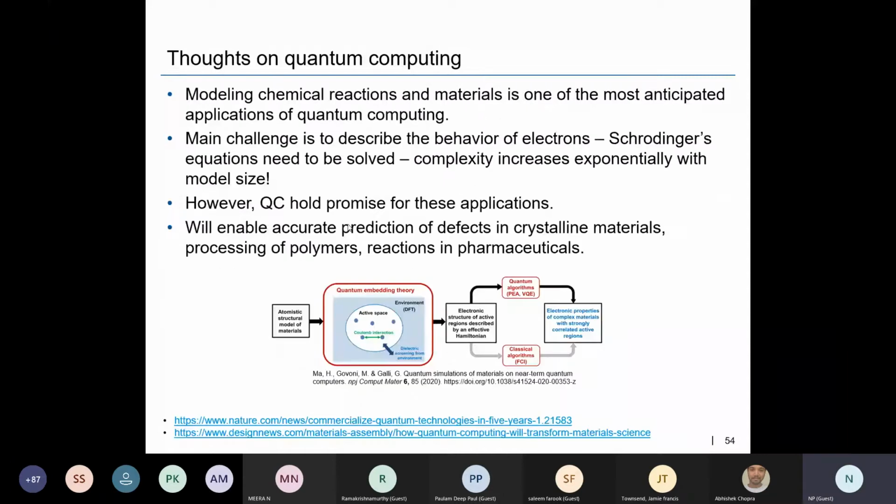The last few slides I have are just on quantum computing, but I'm sure a lot of you know much more about quantum computing than I do. But just from my reading, there are a couple of things that I'm pretty excited about.